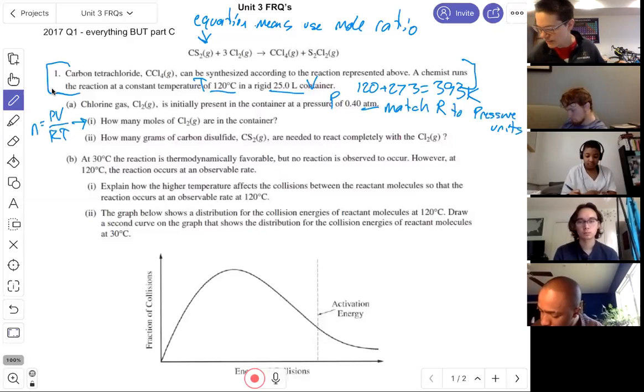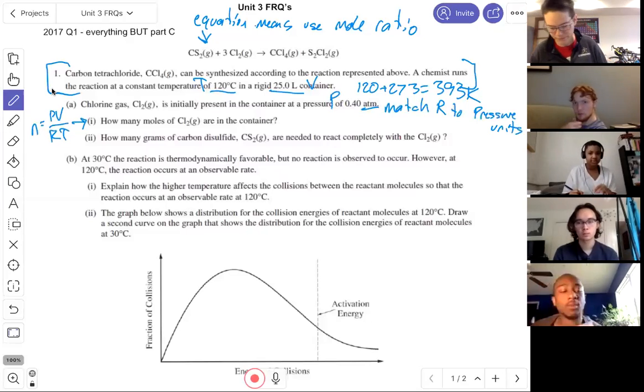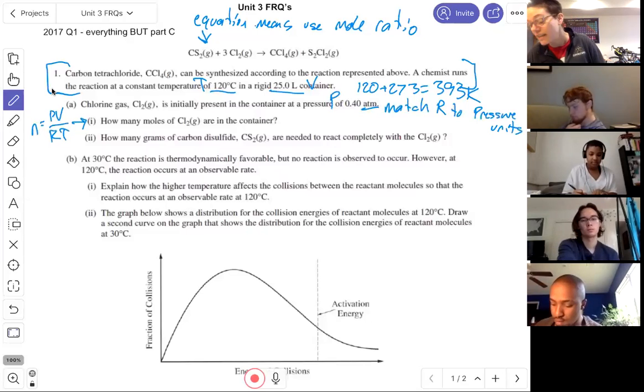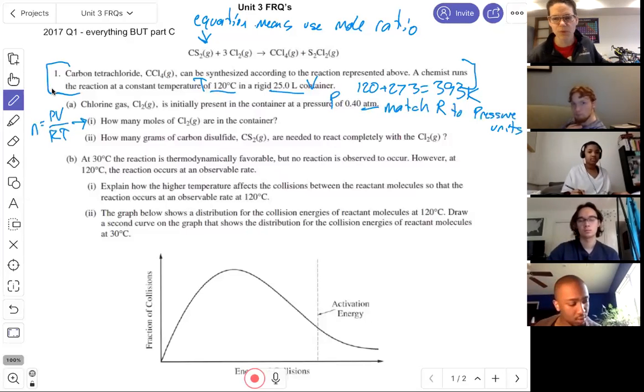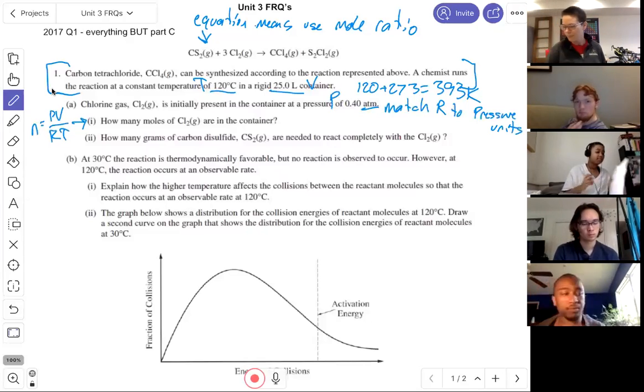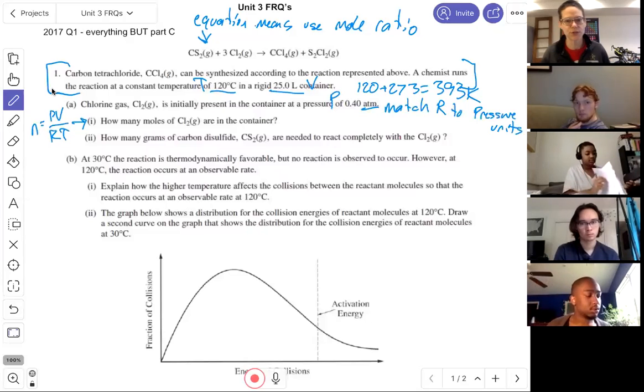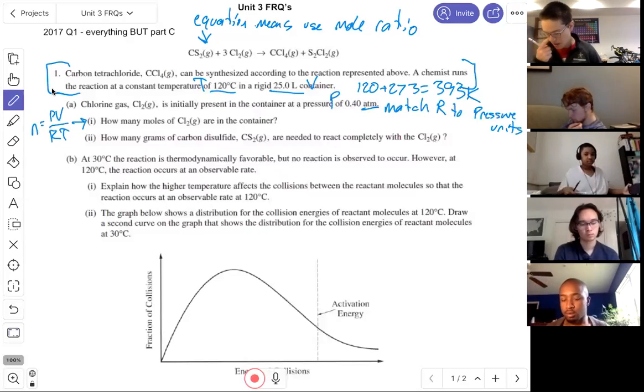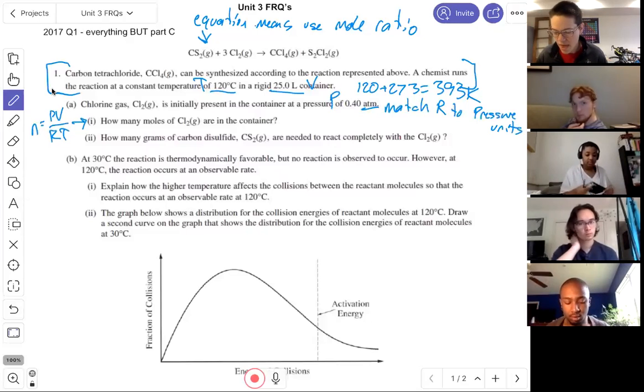Okay, so how many sig figs should your answer have? It is 2 because which of your values has 2 sig figs? 0.40 atm. Yep, 0.40 atm. So for 2 sig figs, what are you getting for the answer? We're still calculating.